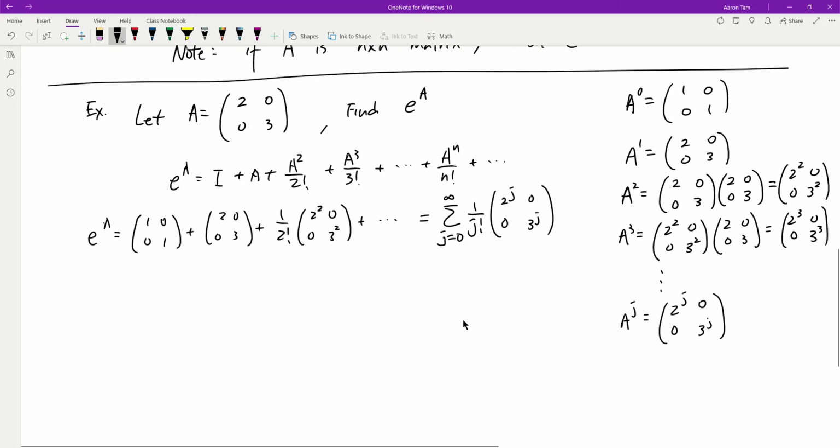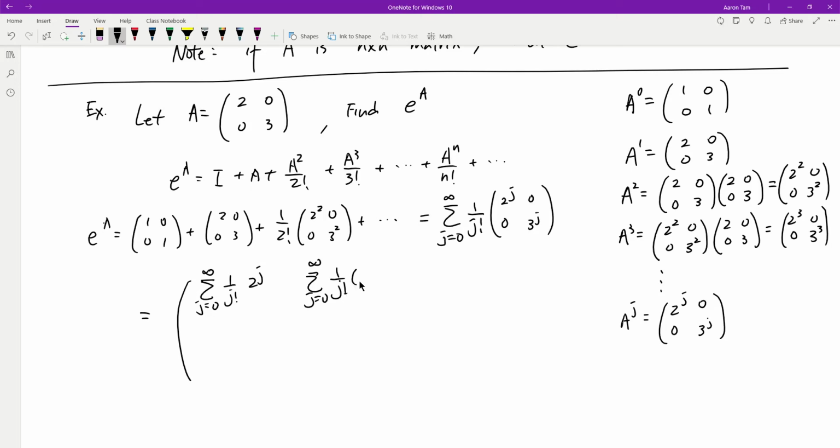So what I can do is move the summation inside our matrix by simply applying that same summation to all the entries inside. And clearly, these two entries are just going to go to 0 because I'm basically summing up infinite 0s.